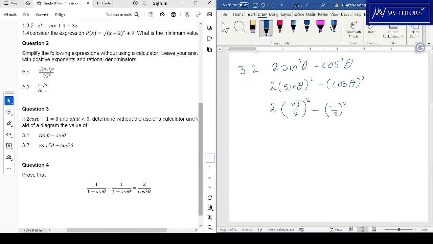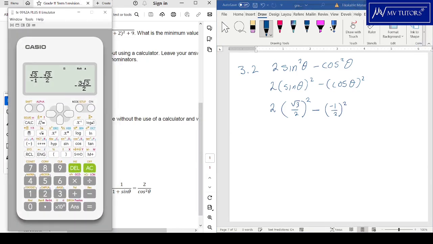Well, you could put this in a calculator if you want. I assure you the calculator can handle this. So it's 2 open brackets a fraction, square root of 3, come downstairs, put it 2, go to the side, close that bracket and square it, and then go minus, open the bracket, put the fraction, put the -1 over, put it exactly as it is, 2, go to the side, close that bracket and square it.